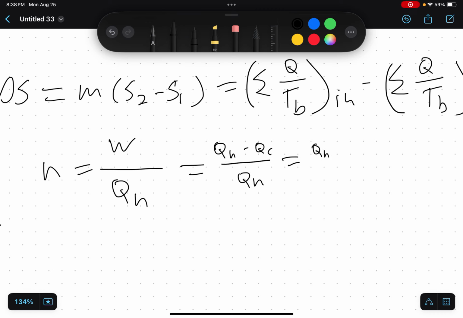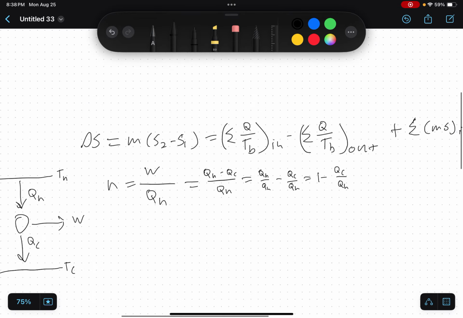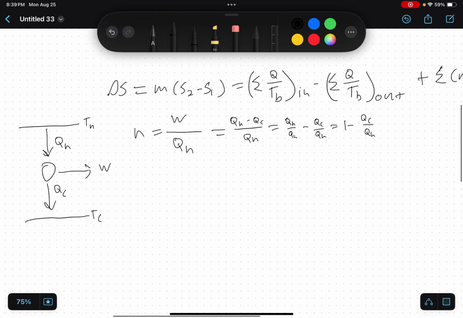Well, you got QH over QH minus QC over QH, which is just 1 minus QC over QH. Cool. Let's let that sit for a second.